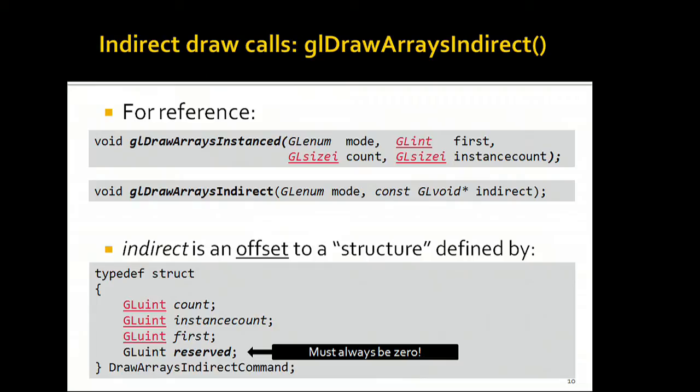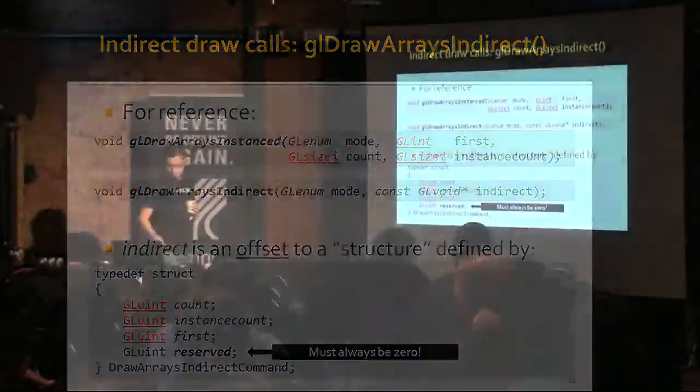Now, one of the things that I would like to highlight here is the difference in types. So if you looked at the plain old draw call, there's this GLint first, which became GLuint first, meaning that you don't ever think about using a negative first because these are going to wrap, and the GPU is probably not going to enjoy that very much. And then the same thing goes for instance count and the first argument.